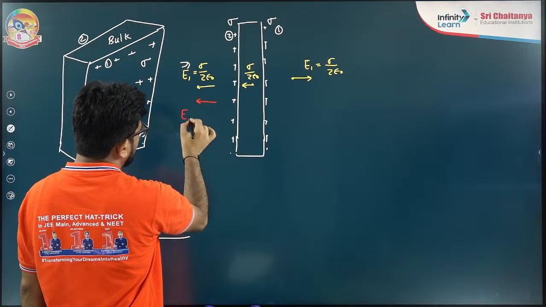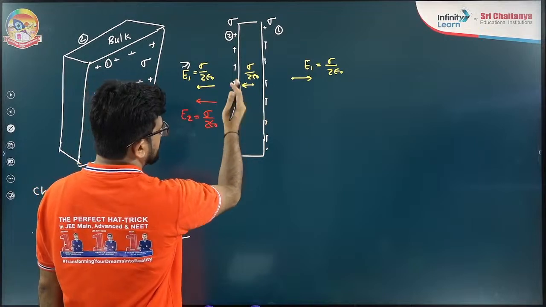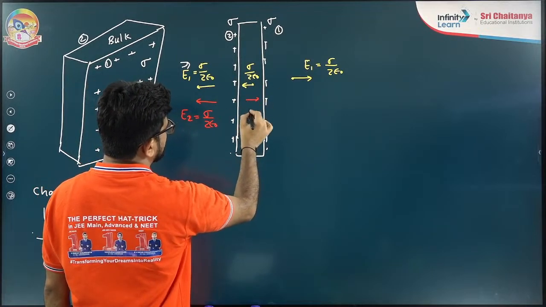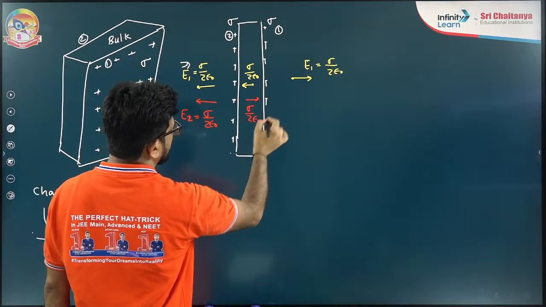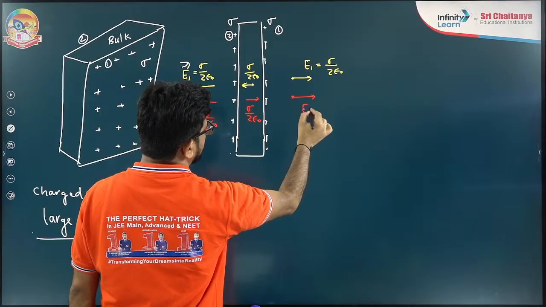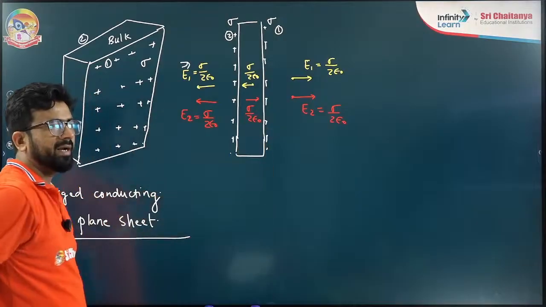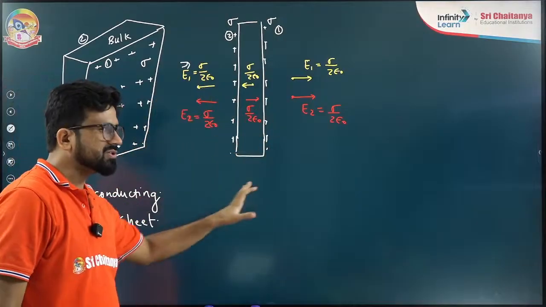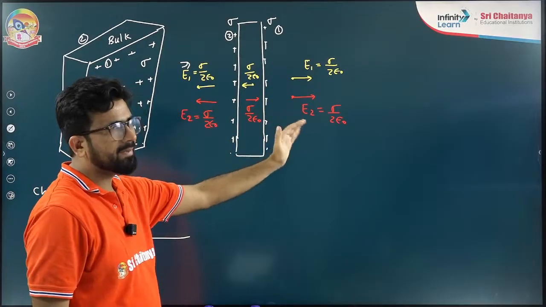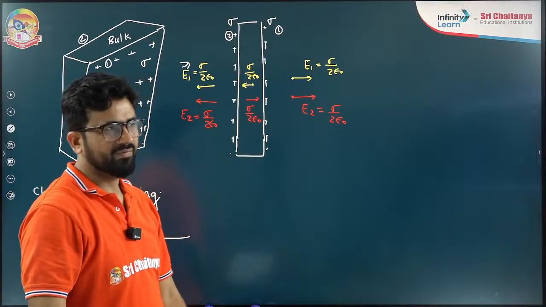That is E2, equal to sigma by 2 epsilon naught. On the right side also the field is in this direction, sigma by 2 epsilon naught. Now please tell me if the picture is clear. The red color is the field due to surface 2, and the yellow color is due to surface 1.